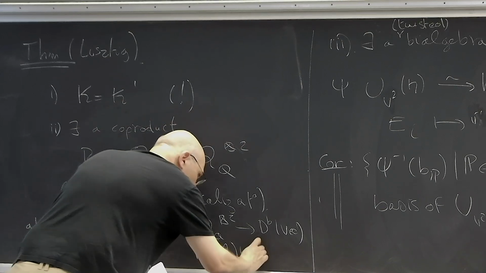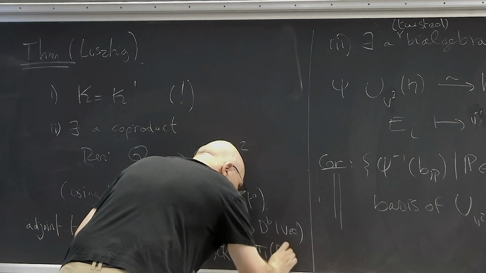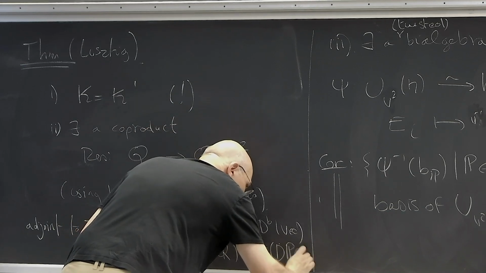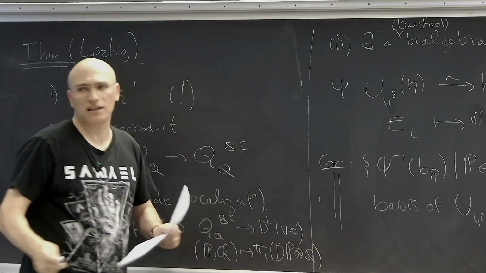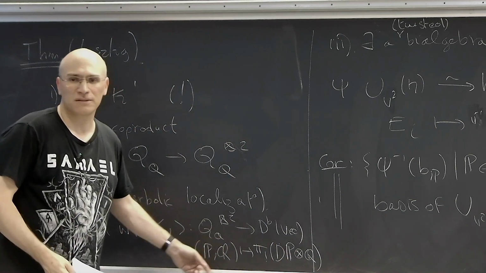I map to the compactly supported cohomology of dp tensor Q. Okay, let's not worry. There's a lift of the orbifold scalar product.